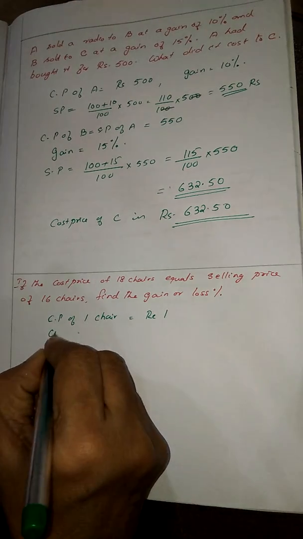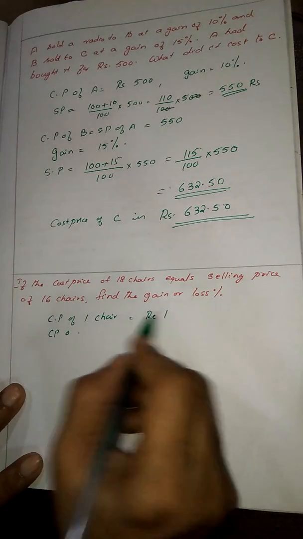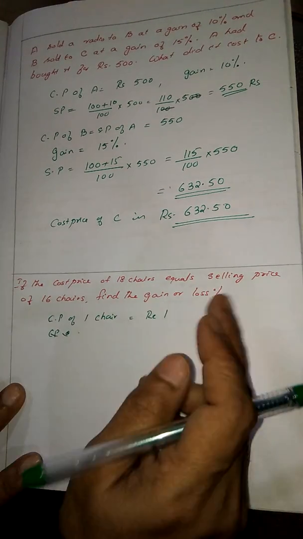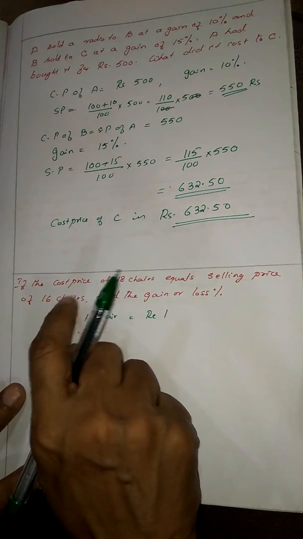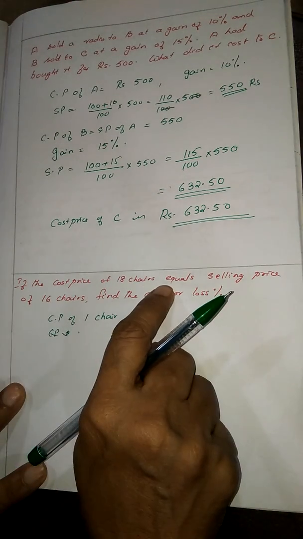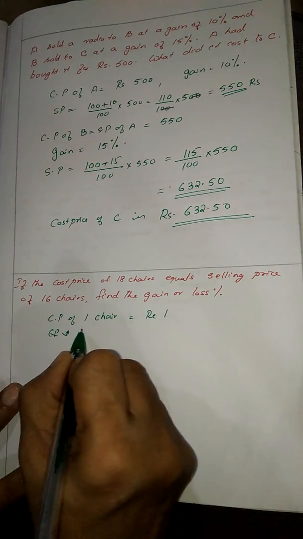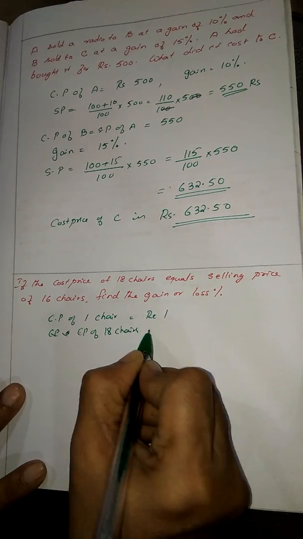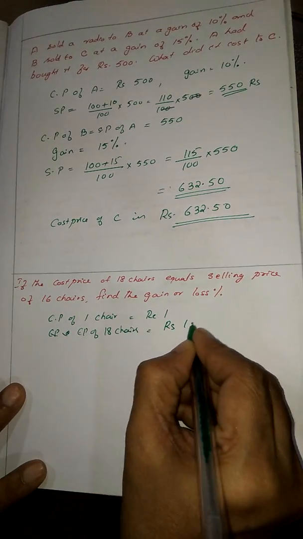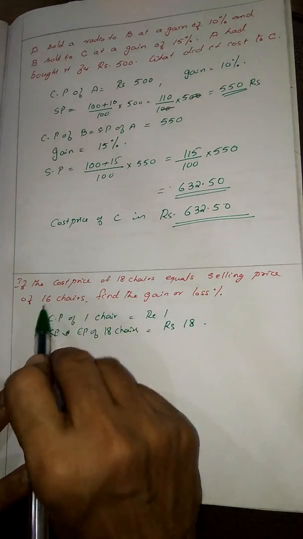So cost price of one chair is equal to 1. Now cost price of 18 chairs is equal to rupees 18. Now this will be equal to selling price of 16 chairs.